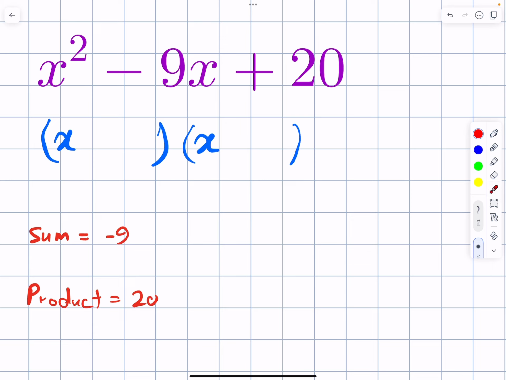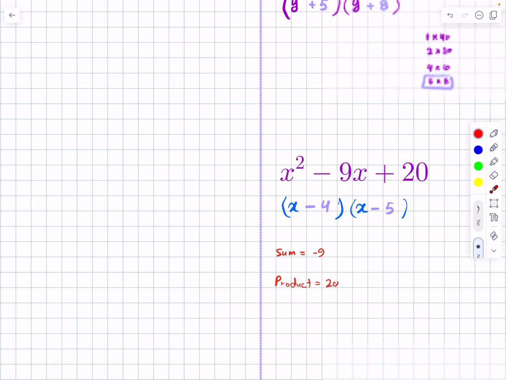Since the two numbers add up to -9 but multiply to +20, the two numbers have to be negative. So here we have negative and negative. The two numbers would be -4 and -5, because -4 plus -5 is -9, and -4 times -5 is 20.